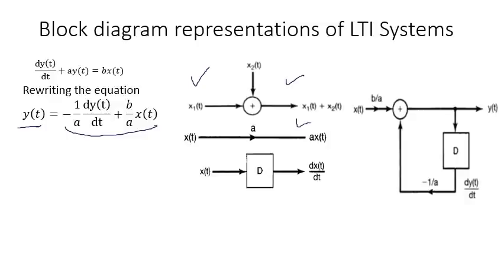And for D, in the continuous time case, we have differentiation, so we represent differentiation by a block with D inside it. So to solve this equation, we can write x of t multiplied by b by a.